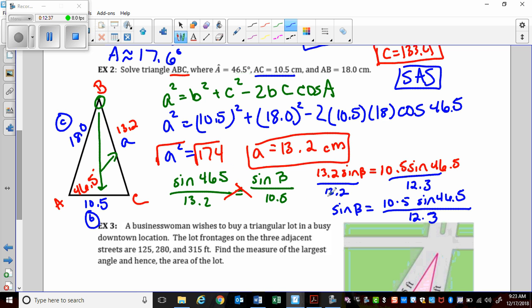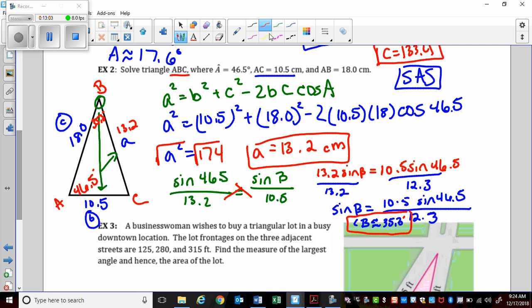And then we're going to get beta, angle B, is approximately something like 35.3. Make sure you're in degrees. 35.3 degrees. So this is 35.3 degrees.